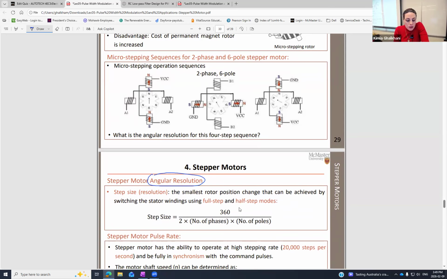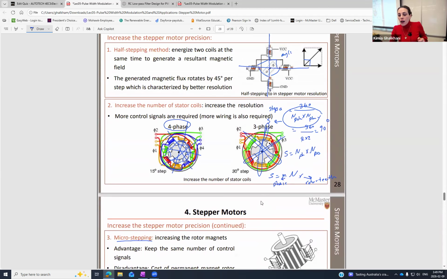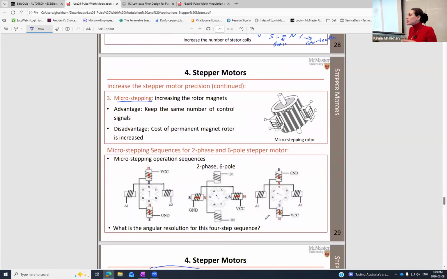So the step angle for a given stepper motor geometry will be divided by half a step, and that simply means half a step will create more accuracy, because if it is half a step, your number is going to increase. If the number is increasing, then you are going to have more accuracy. It means instead of collecting information for a full step, now you have 2 pieces of information for a full step.